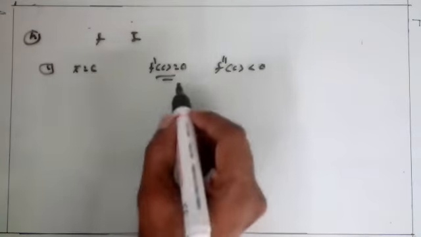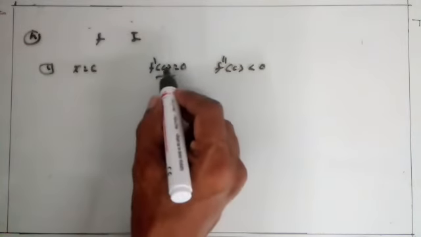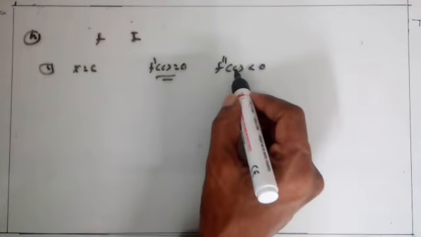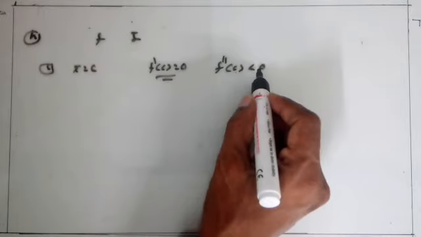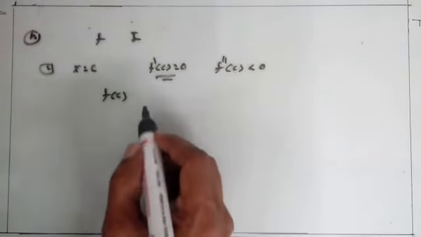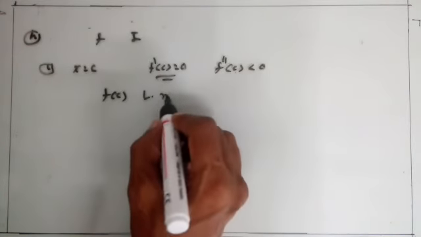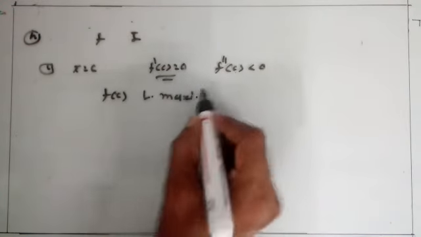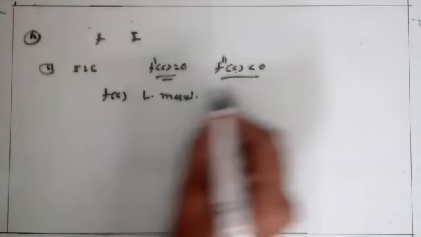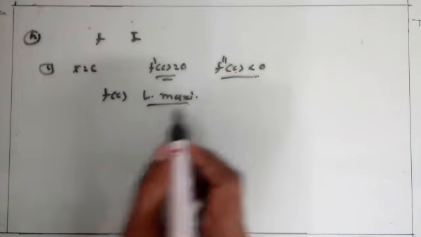Clear? That is, from the first derivative we get value of C, and second derivative at C becomes less than 0, then we say that f(c) is local maximum. Second derivative at C less than 0, then local maximum, remember this here.